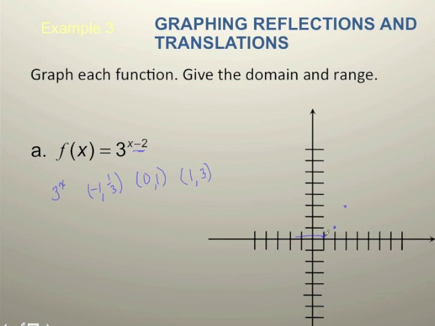So notice we still have that very same similar shape. It's just moved 2 over. And that does make it much faster to graph than doing the actual points.